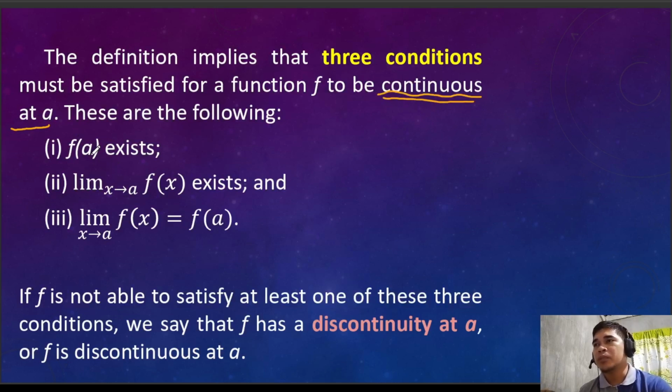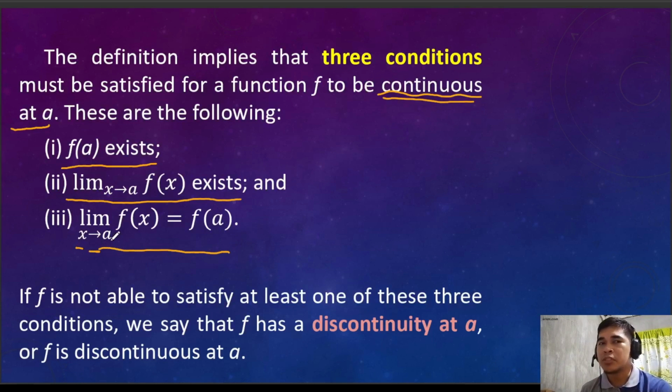Number 1, f of a exists. Second, the limit of f of x as x approaches a exists, meaning there is a limit. And third, most important, the limit of f of x as x approaches a must be equal to the result of f of a.